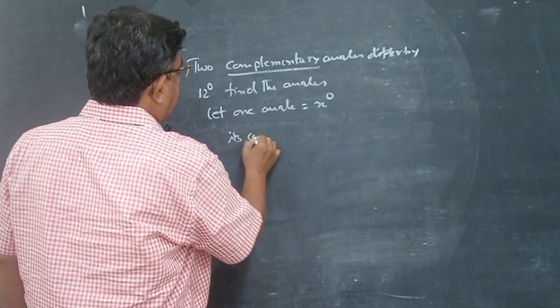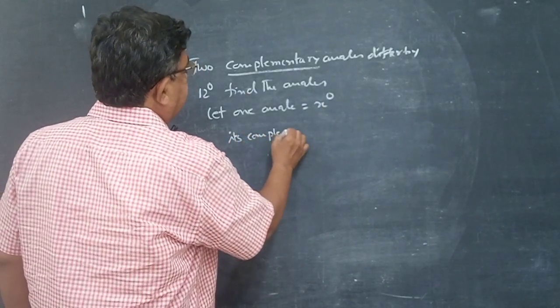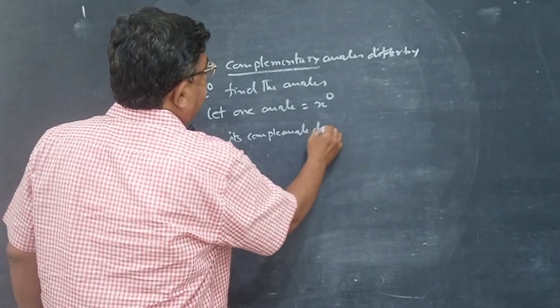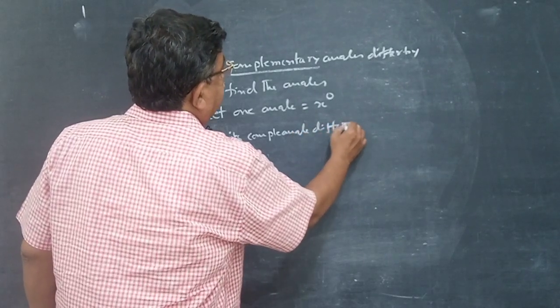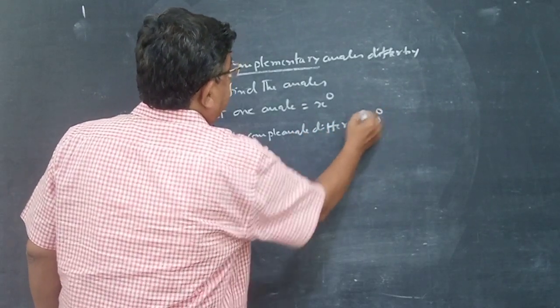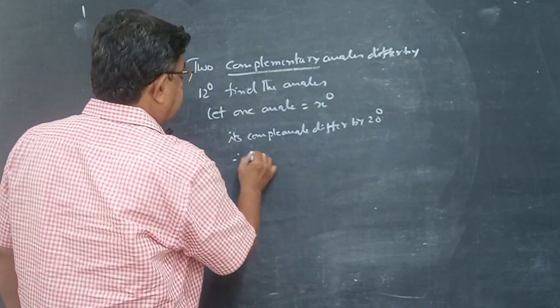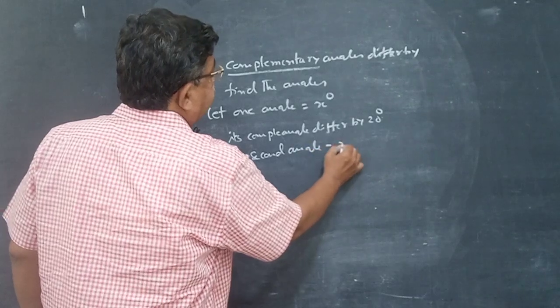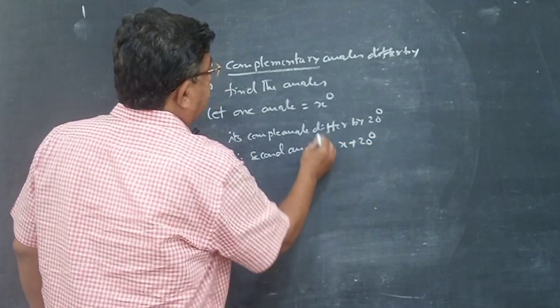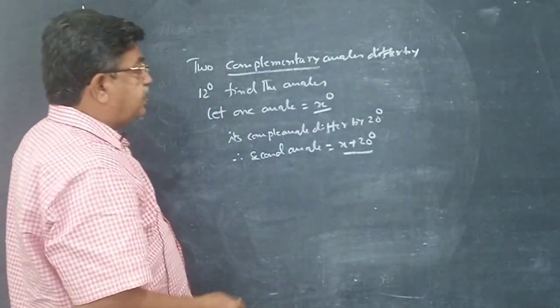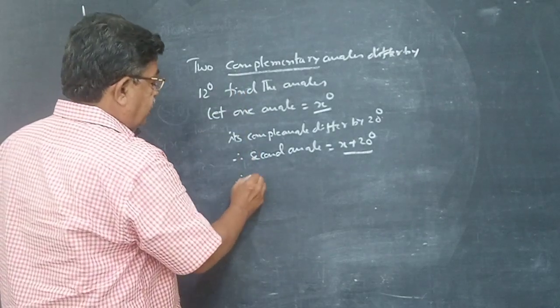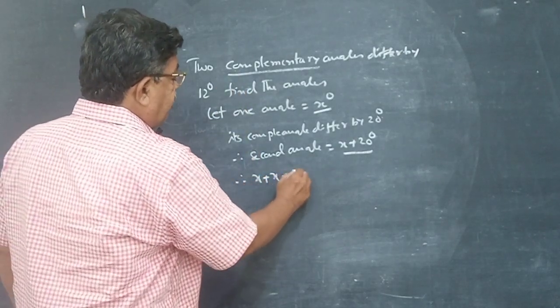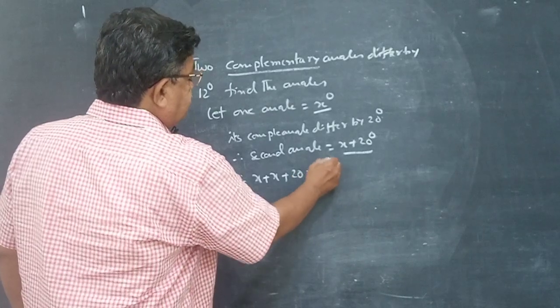Its complementary angle differs by 20 degrees. Therefore, the second angle is x plus 20 degrees. If you add x and x plus 20, the sum must be equal to 90 degrees. Therefore, x plus x plus 20 equal to 90 degrees.